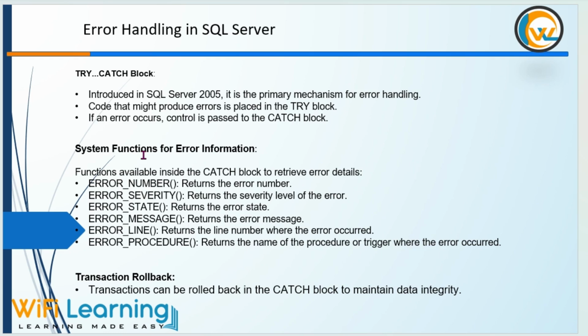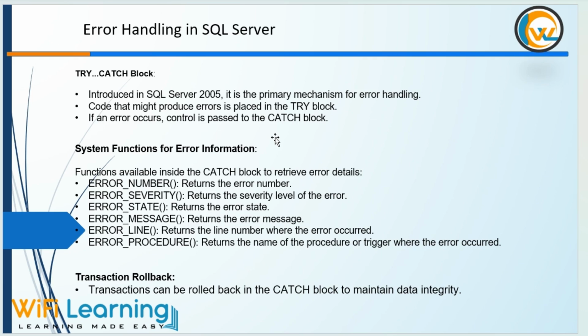Before that, let me explain the functions available inside the catch block to retrieve detailed information about the error. ERROR_NUMBER returns the error number. ERROR_SEVERITY returns the severity level of the error. ERROR_STATE returns the error state.